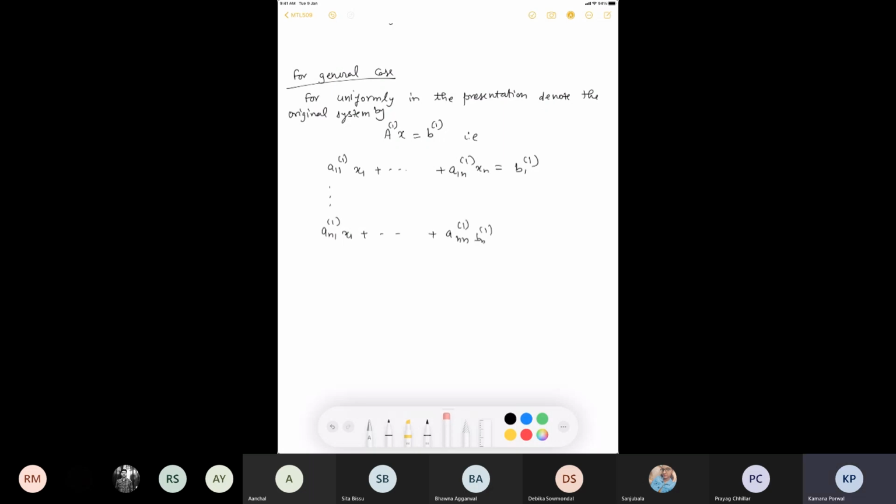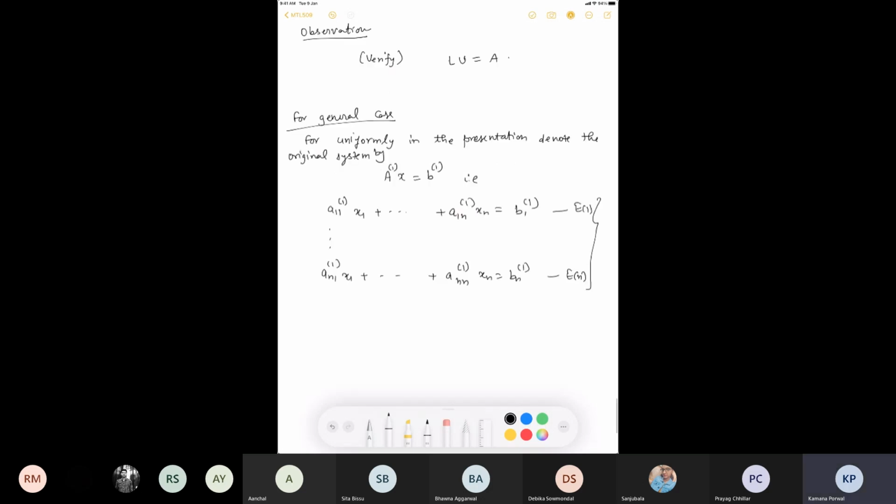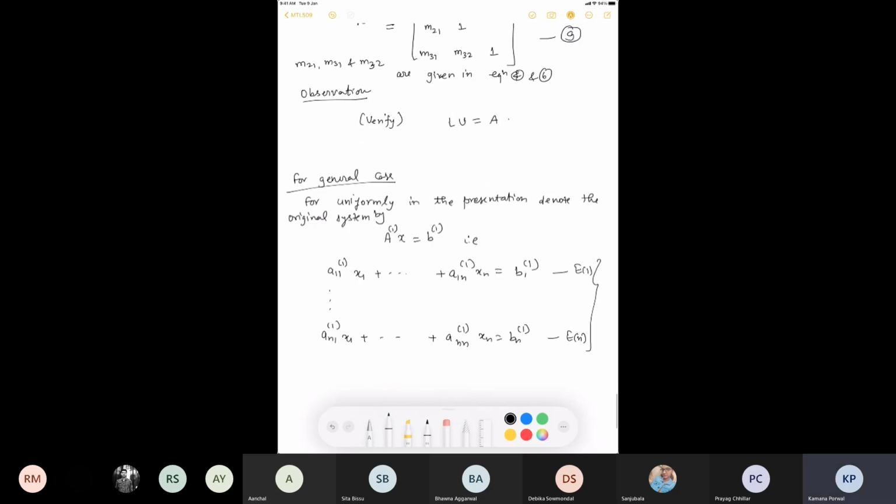So this times xn, this equals bn1. Okay, and let's call this as E1, E2, and the last equation is En. And this is the equation number 10, system number 10.